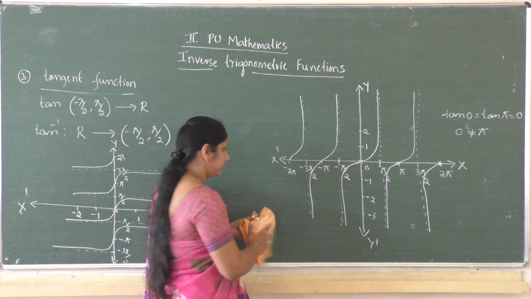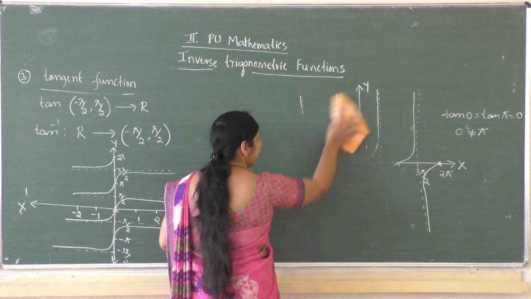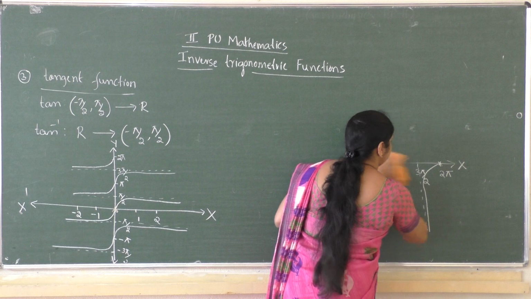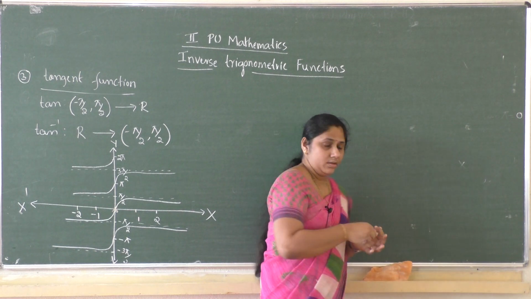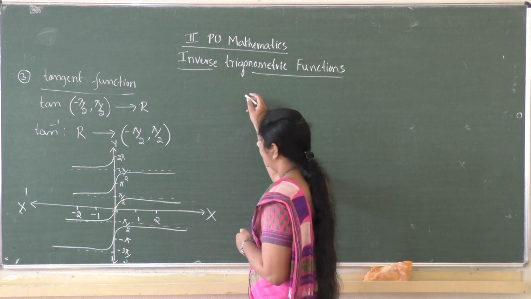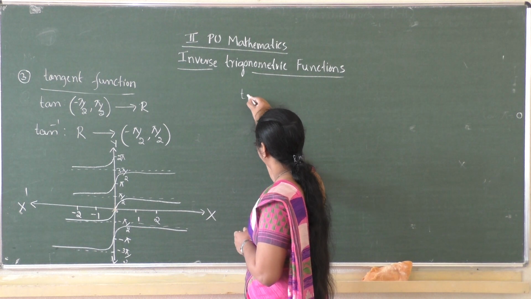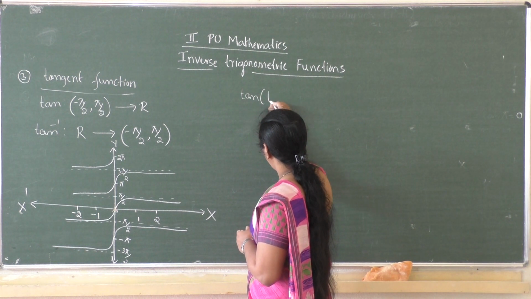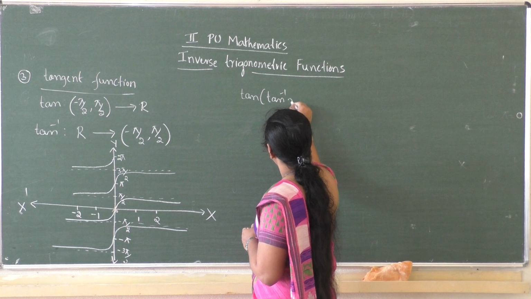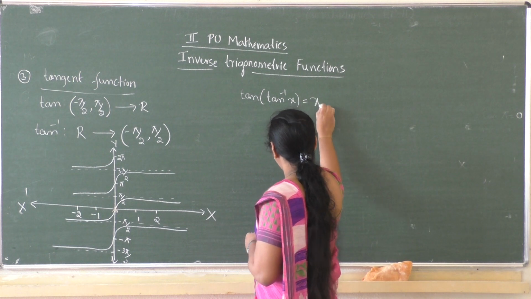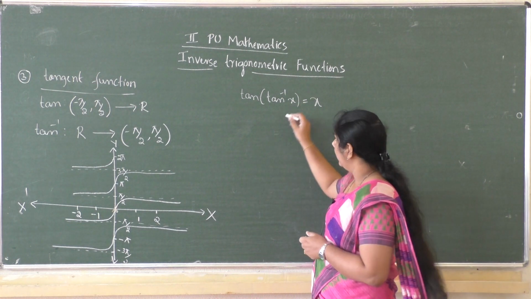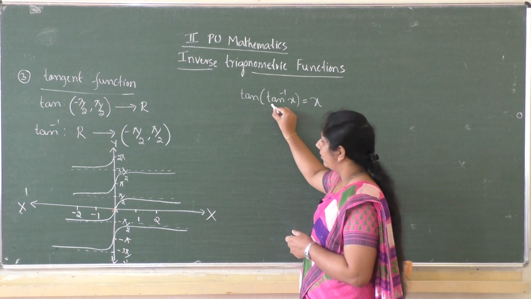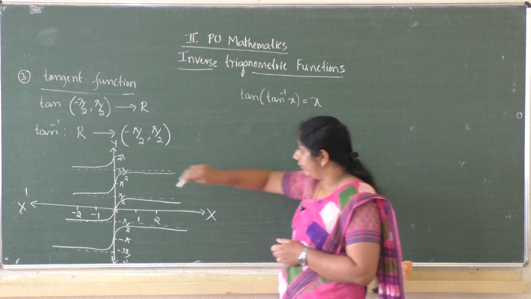Now we can define some properties, that is tan of tan inverse x equal to x only if x belongs to the domain of tan inverse. So what is the domain of tan inverse?